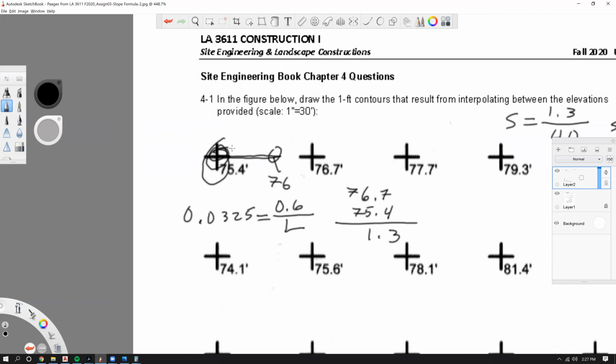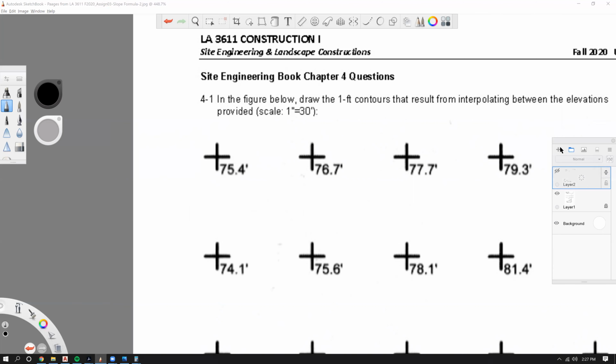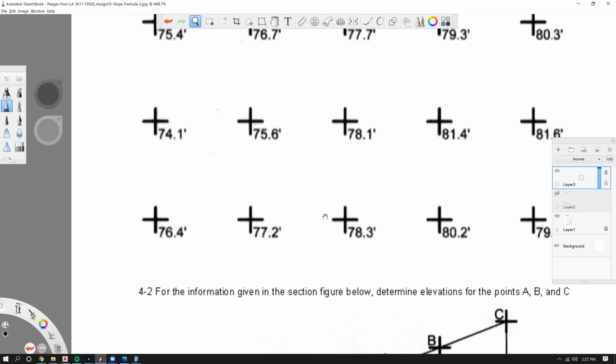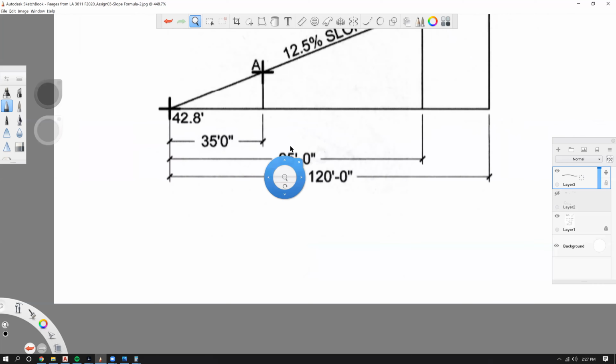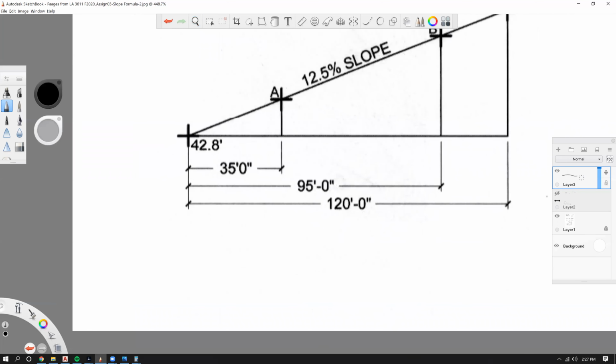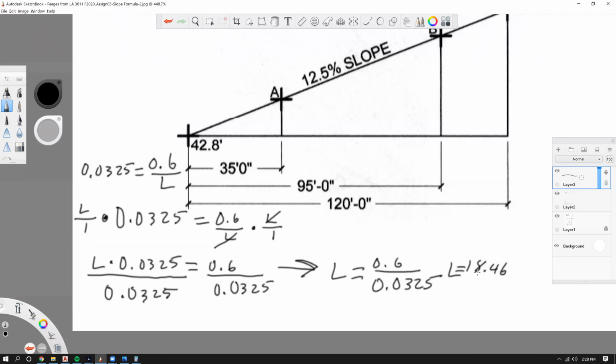So you're going to take your little scale ruler and measure 18.46, round that down to 18, because you can't really see decimals.